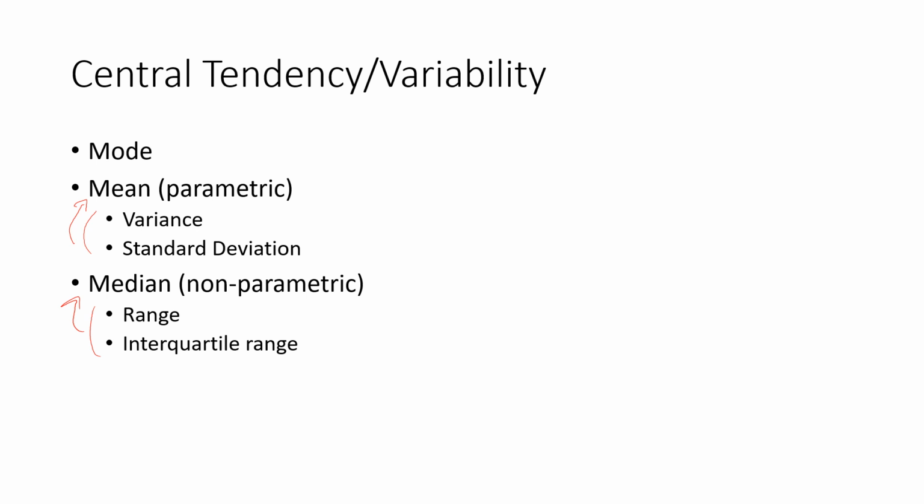However, if you use the wrong test, it loses all power. If you've got an ordinal variable, you should be using the median. First of all, parametric tests are more powerful than non-parametric. But if you've got an ordinal variable and you use a parametric test, using the mean, it loses all meaning. It loses all power.